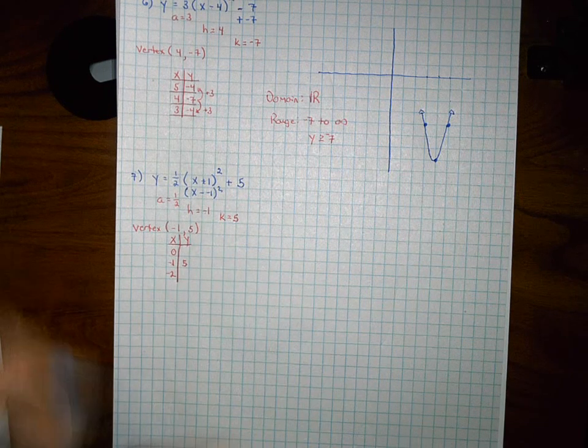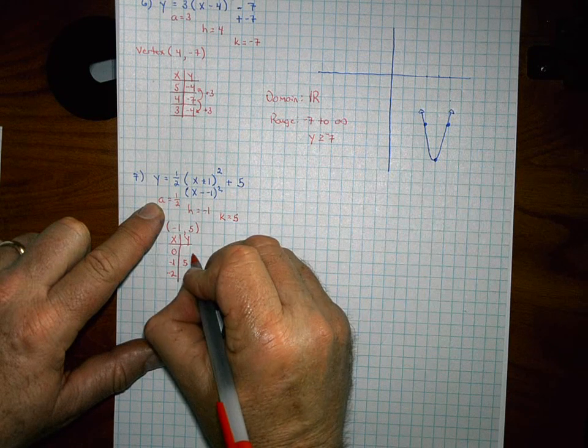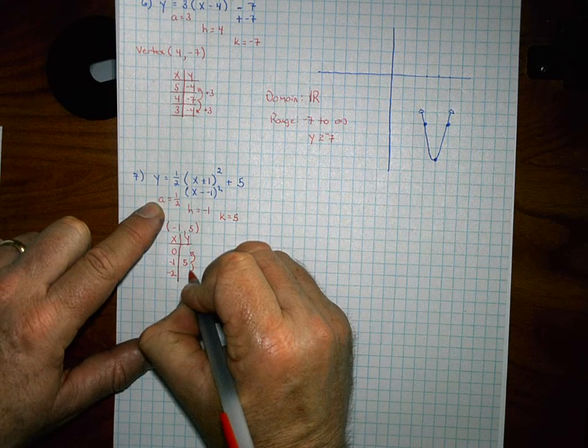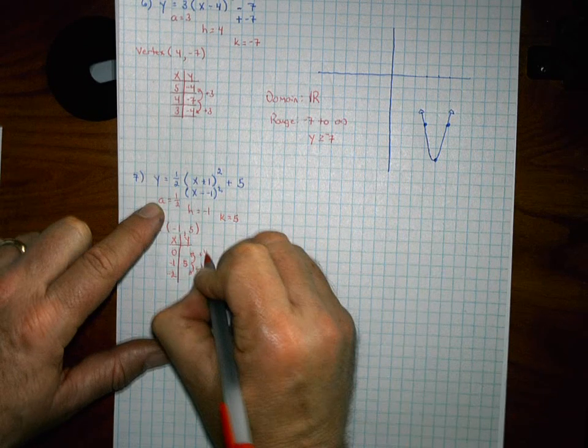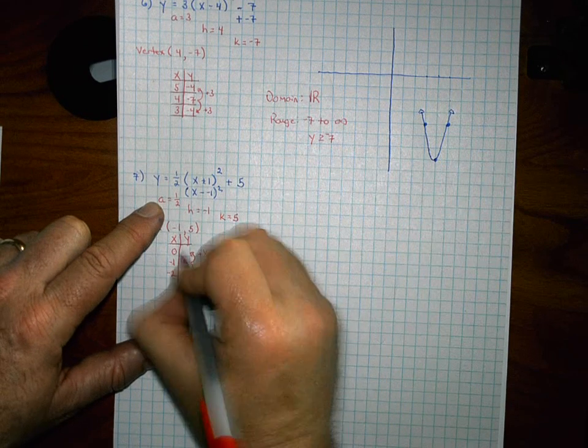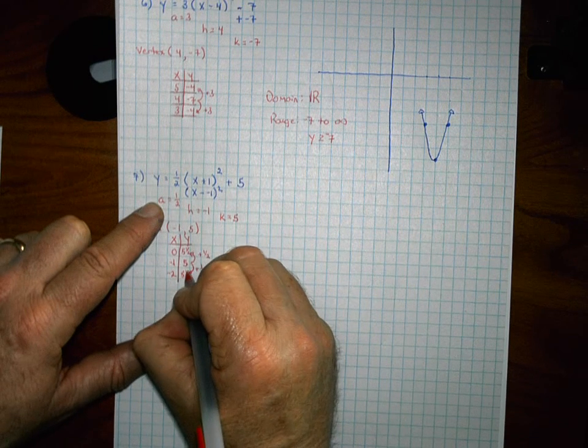Then, for my a value, what I do is my a value is 1/2. So that means both of my y values are going to go up by 1/2. Okay, 5 plus 1/2 gives me 5.5. So both of these y values will be at 5.5.